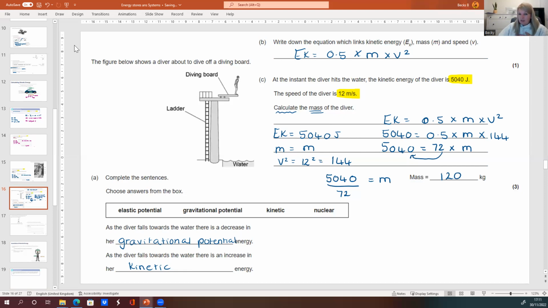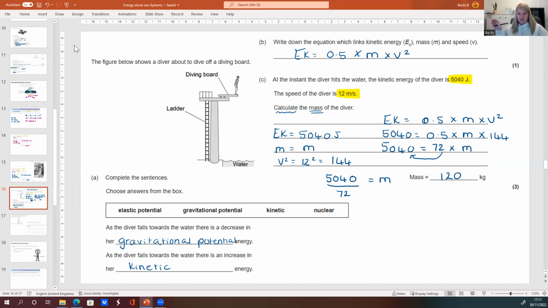Now, a little bit of insider info for you, being an examiner. Questions that are worth 3 marks, you must write some form of calculation here. Some people are very good at visualizing the equation. They can almost rearrange it in their head, tip-a-dap it in their calculator and write down an answer.